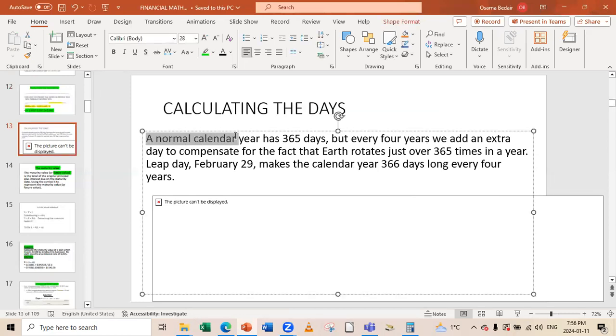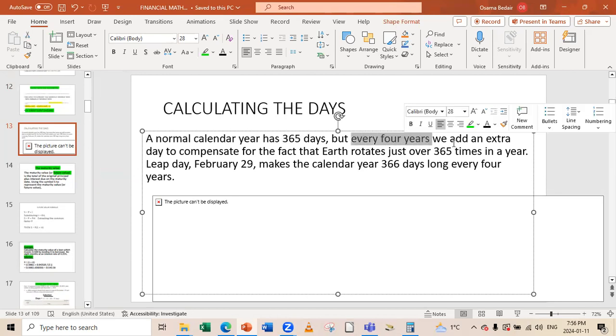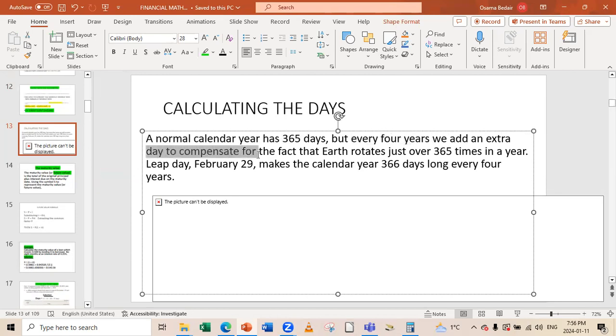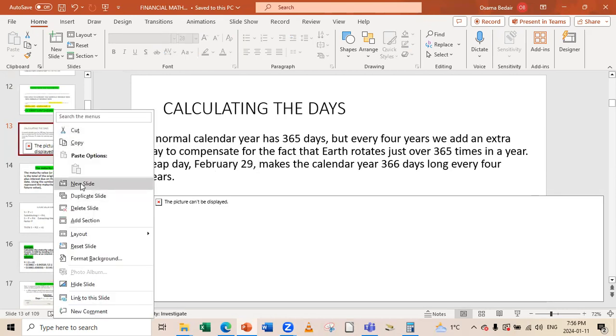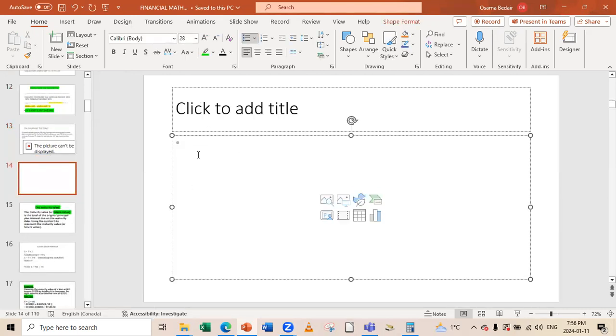A normal calendar year has 365 days, but every 4 years we add an extra day to compensate for the fact that Earth rotates around the sun 4 times a year. So it differs only in February, whether February is 28 or 29 days. Usually the calendar goes like one month 31 days and one month 30 days.